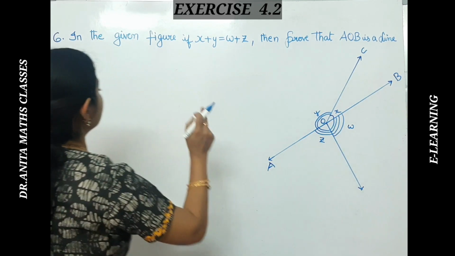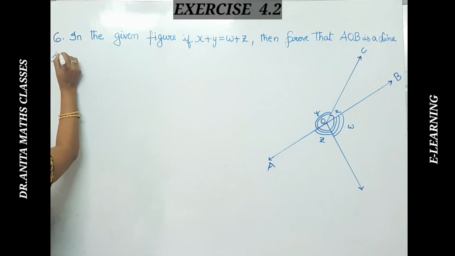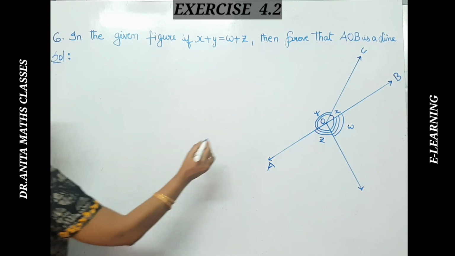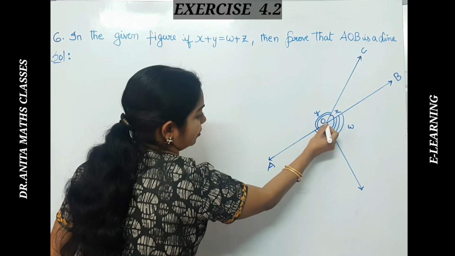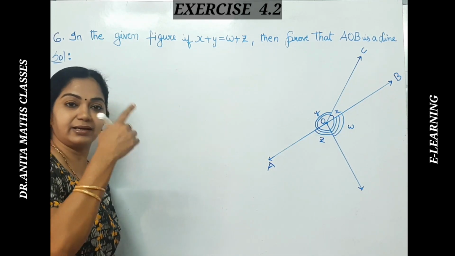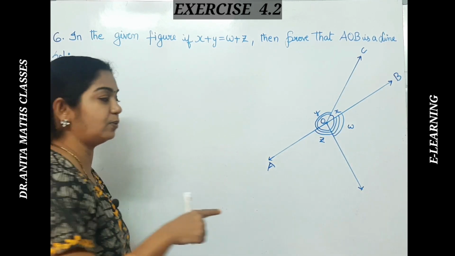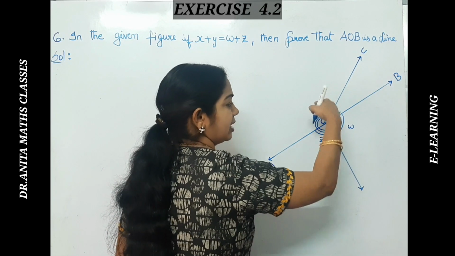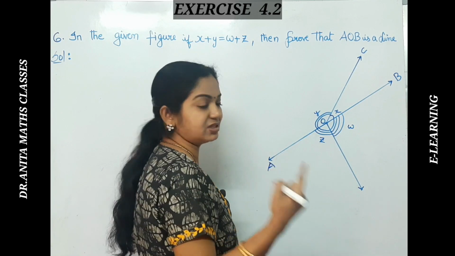So let us prove that. Here is a point O, and around a point we have the angle subtended, that is the complete angle, one complete rotation takes place around a point, that is 360 degrees.